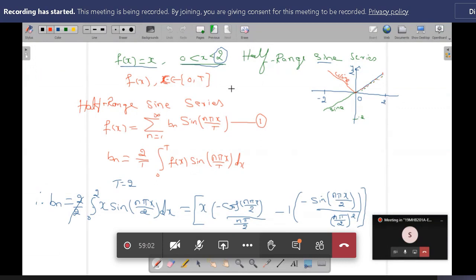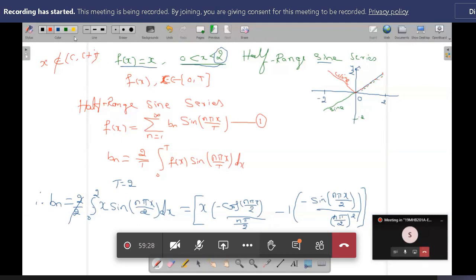We have not defined the function in the interval c to c plus t. Please note, it is defined only in the interval 0 to t. So I hope now it is clear. You can also distinguish this for a full range and half range.